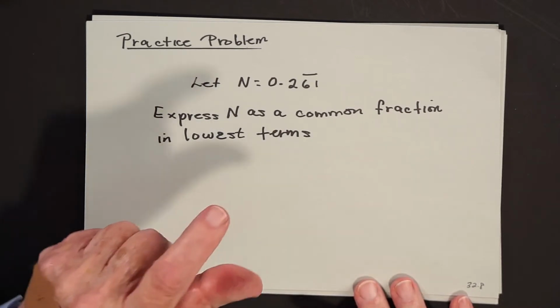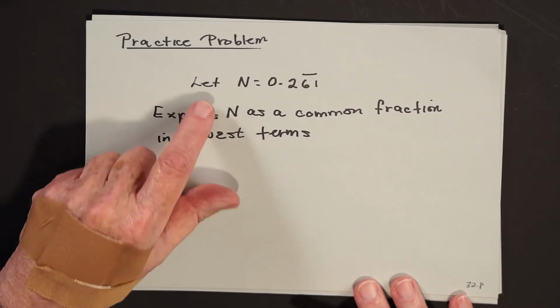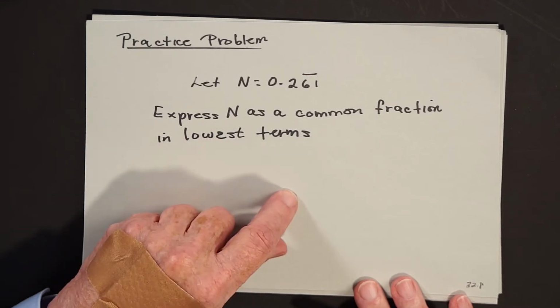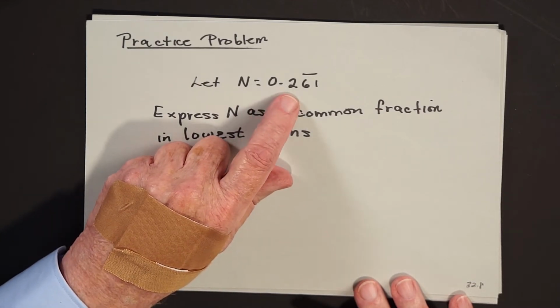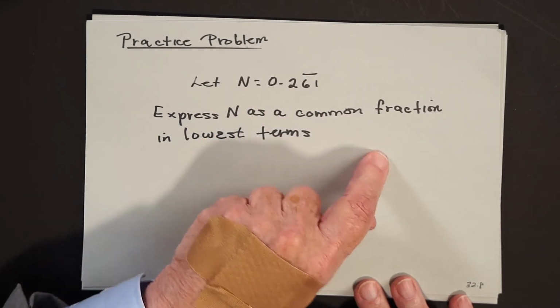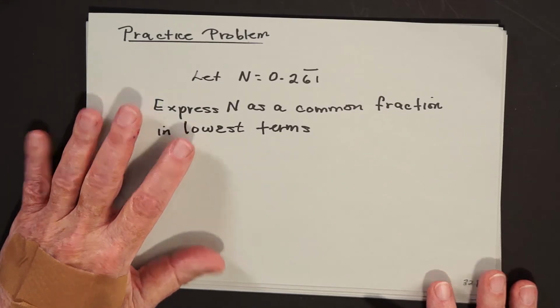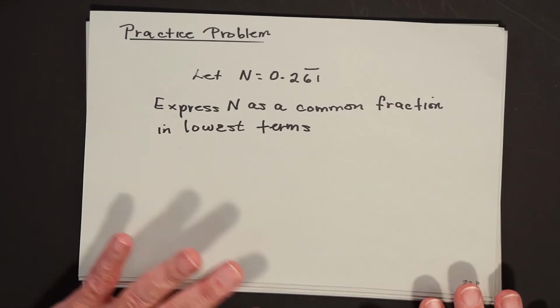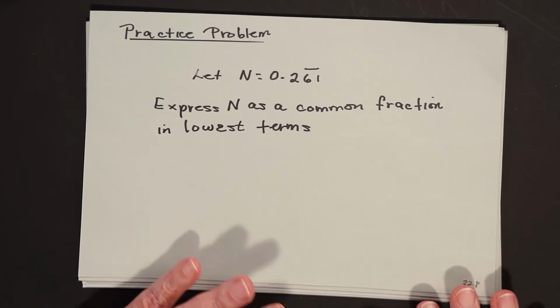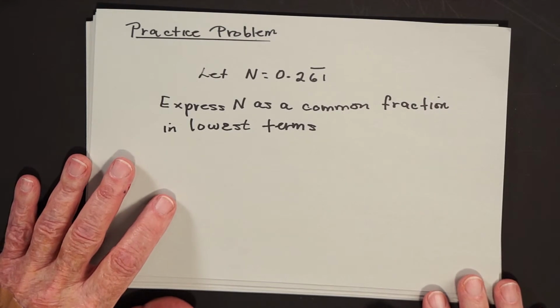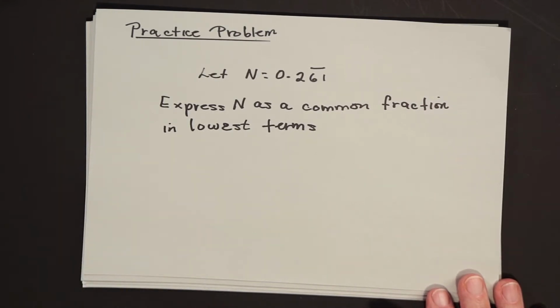In other words, what two whole numbers are there that when you divide one by the other, you will get 0.26161616161 endlessly? And try guessing what that number would be without having a formal logical way of going about finding it. You pause the video, solve the problem, and then come back and resume watching, and see how I solve the problem, okay?